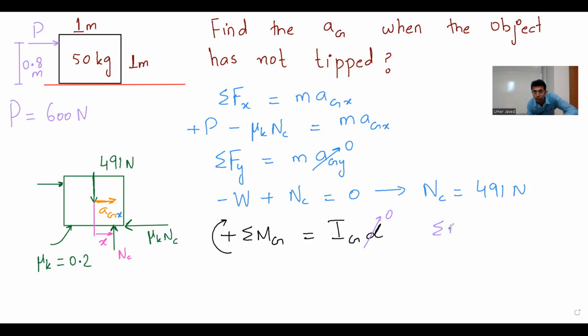In a pure translation, it becomes the summation of moment about another point A is equal to I_a alpha, and then it is equal to I_g alpha plus m a_g times d.